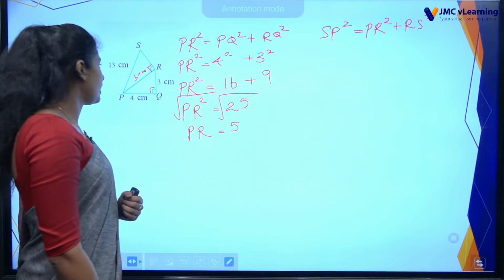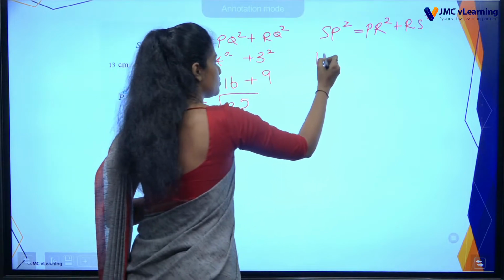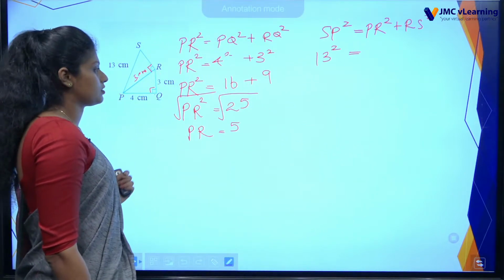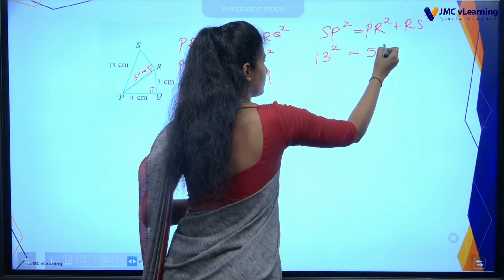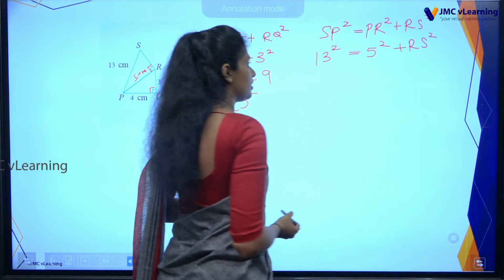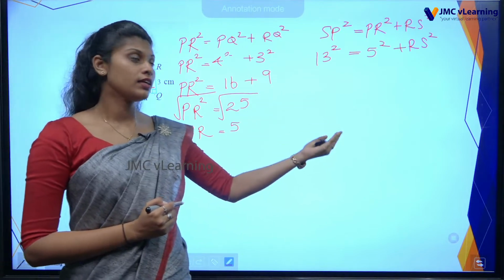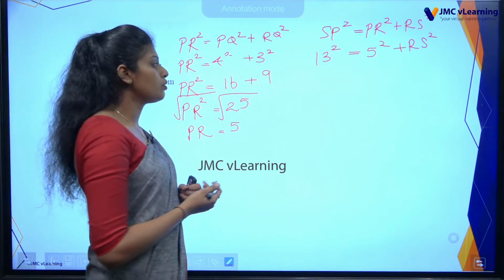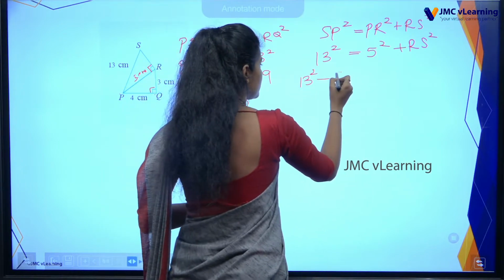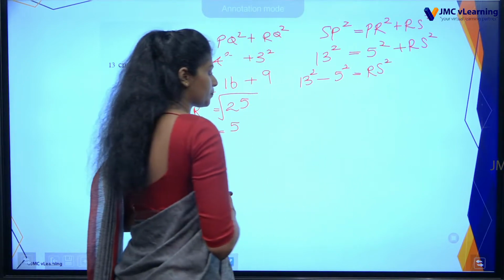SP length is 13. Let's put 13 squared is equal to PR, it is 5, 5 squared, and we have to find the length of RS. Let's leave only RS on one side and take all other terms to the other side. Then 13 squared minus 5 squared is equal to RS squared.